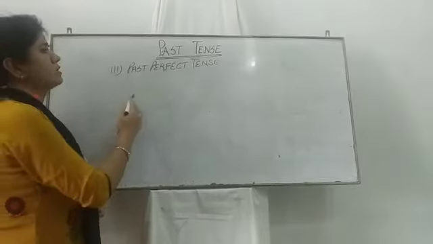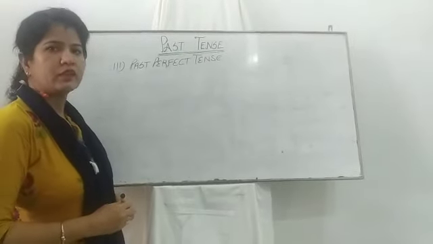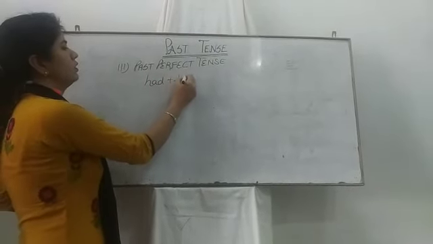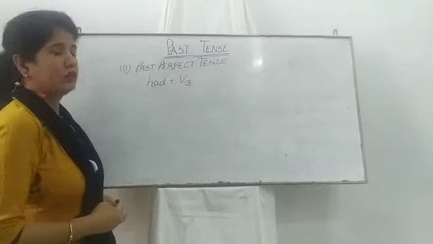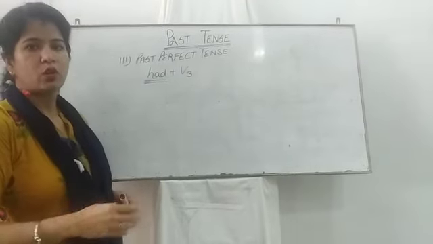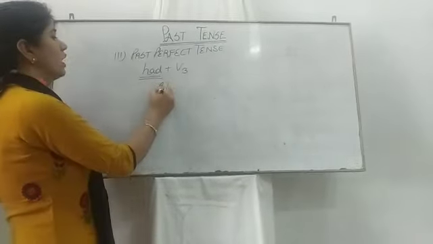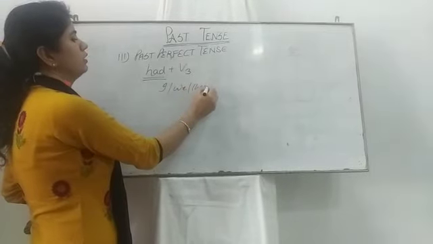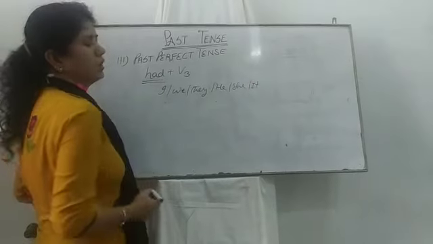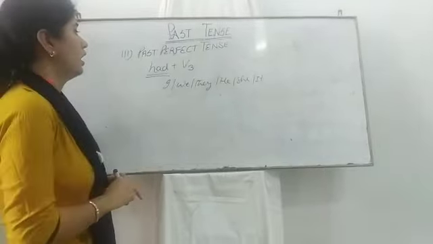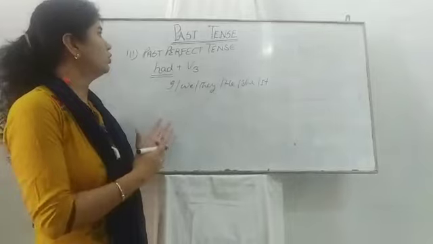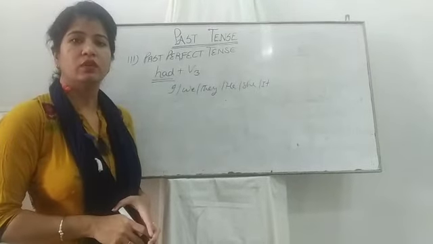I will discuss past perfect tense. Under the past perfect tense, we use had plus verb's third form, and in past perfect tense the helping verb had is used with all the subjects like I, we, they, he, she, it, etc. And another thing, that most people make this mistake, that they use past perfect tense instead of simple past tense.